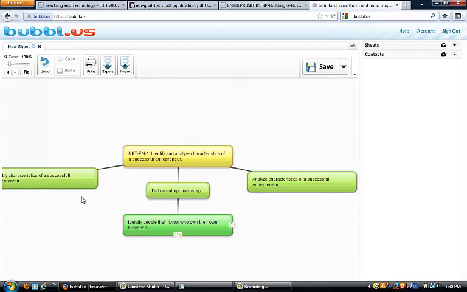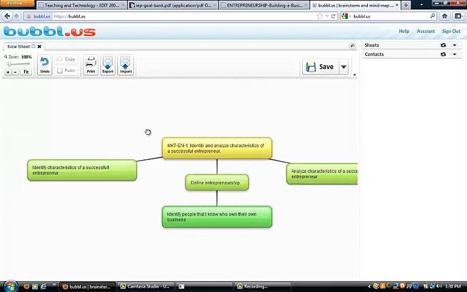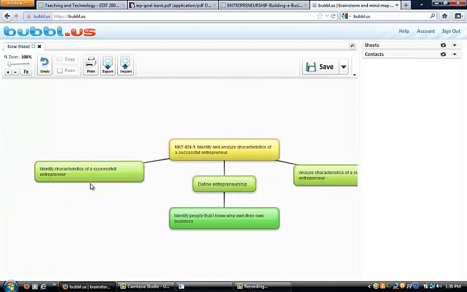So we are going to come over to this side, and my question is how, and I'm going to put that in big letters, how do we identify, I'm sorry, we're still on reflection. How do we identify characteristics of a successful entrepreneur?